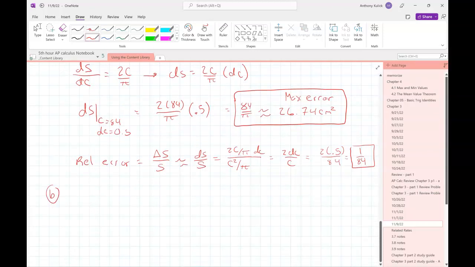Part B asks us to do the same thing with volumes, right? So we still have that r is equal to c over 2 pi, and the volume for a sphere is 4/3 pi r cubed.